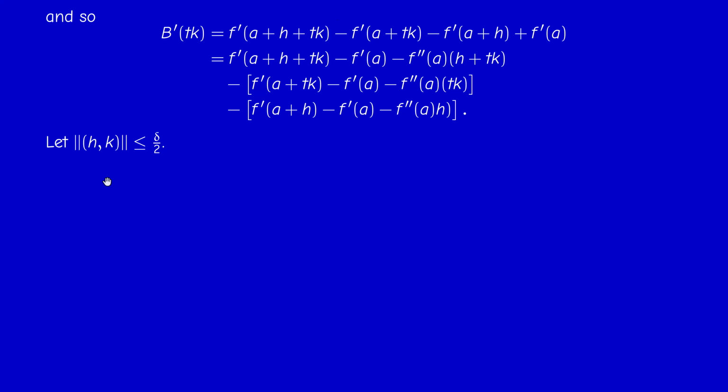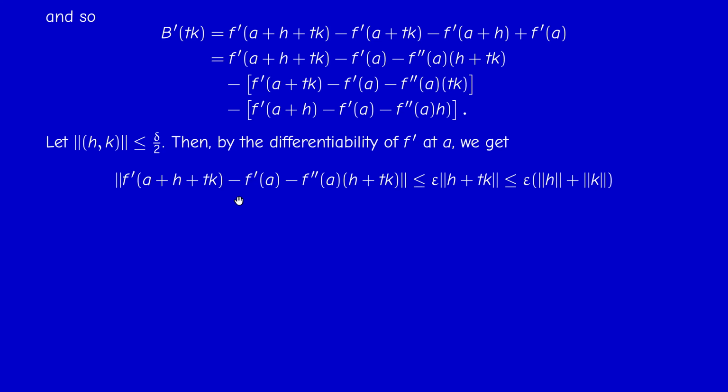So now I take norm of h and norm of k both less than delta over 2. In this case, the norm of h plus tk is, by the triangle inequality, less than the norm of h plus the norm of tk, which is less than the norm of k. So the sum is less than delta. So the norm of the increment here is less than delta.